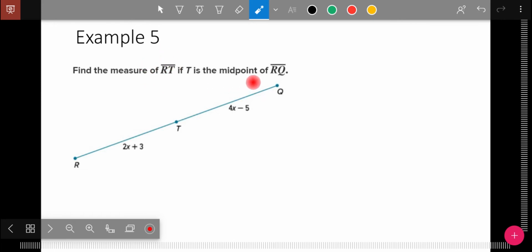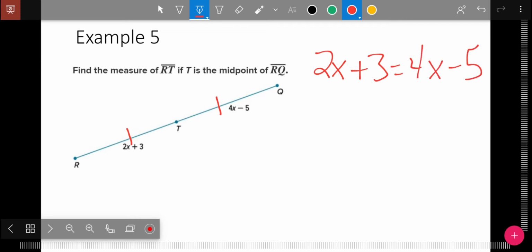And then it uses the word midpoint, which we hopefully know means that it splits the segment into two equal parts. And so I'm going to go ahead and set those two parts equal. So 2x plus 3 equals 4x minus 5.